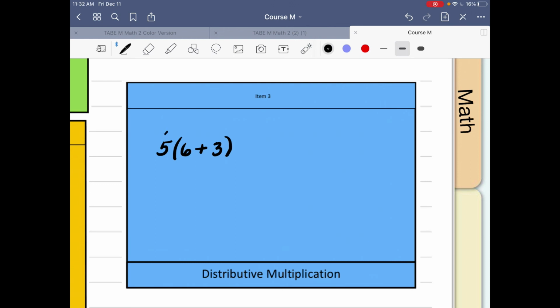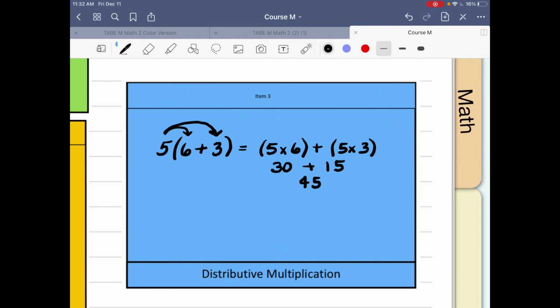So I'm going to multiply the 5 times the 6. That would be 5 times 6. And then the 5 times the 3. And then I need to finish the math. So I have 5 times 6 is 30, plus 5 times 3 is 15, and that gives me a simplified answer of 45.